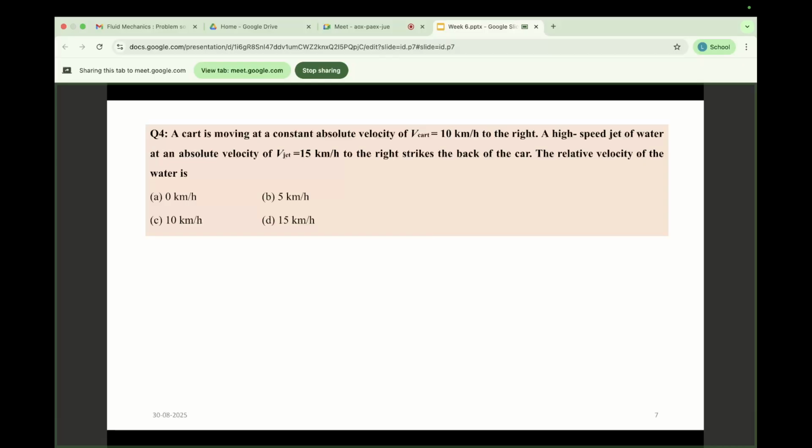So the car is moving at 10 and a jet velocity of 15 meter per second is striking it. So you are asked to find the relative velocity of the water. These are the four options. So please try to solve.